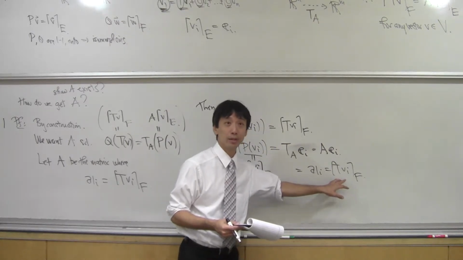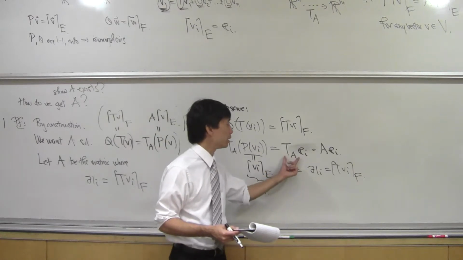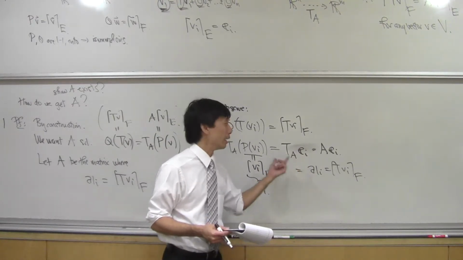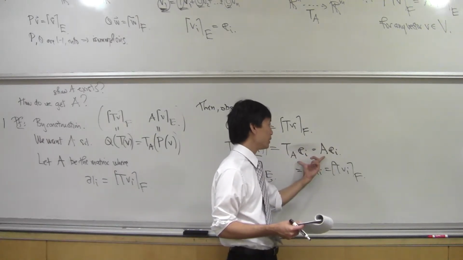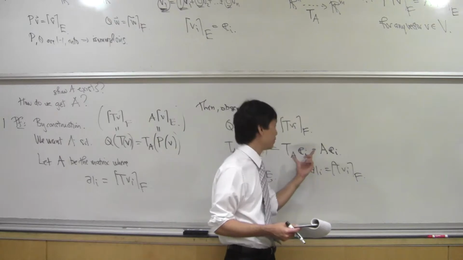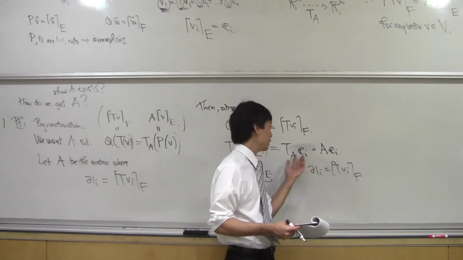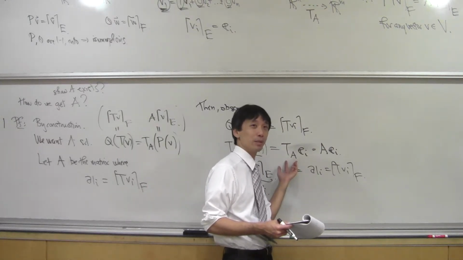Is T sub A equal to A? T sub A is the transformation that says left multiply by A. People tend to conflate them. You say, oh yeah, but really this is a matrix, and this is the transformation that you get by left multiplying by that matrix.